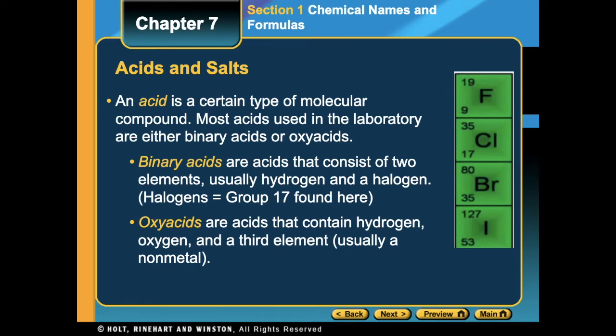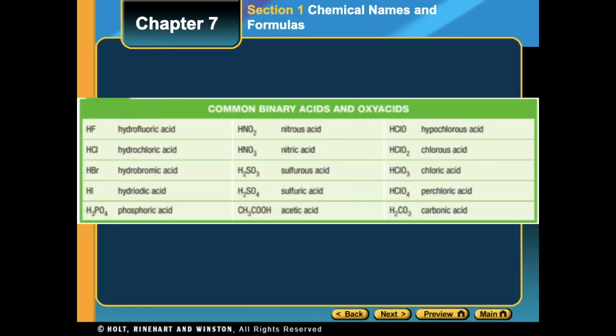Oxyacids, on the other hand, are a little bit different. So if you look here, here are all of the binary acids, hydrofluoric, hydrochloric, hydrobromic, hydroiodic acid, right? And they all end with acid. Now, when we talk about oxyacids, basically what we're showing you here is a polyatomic ion that is bound to a hydrogen, okay?